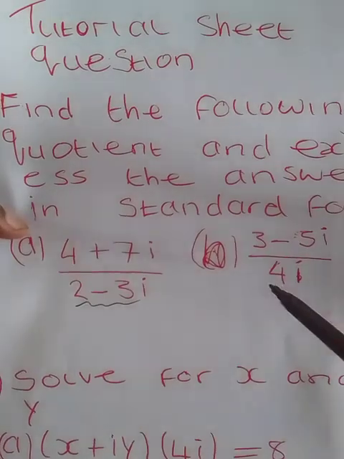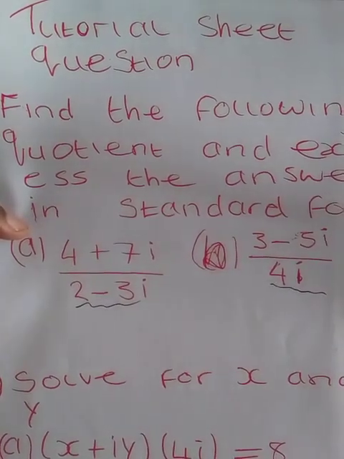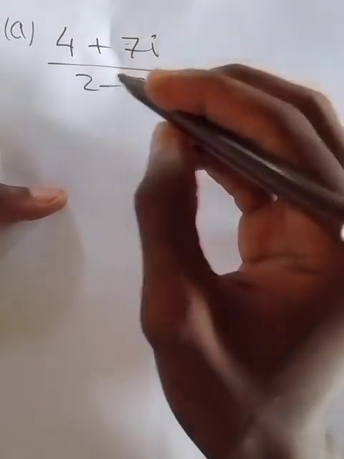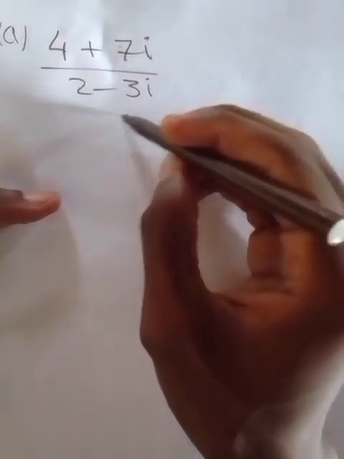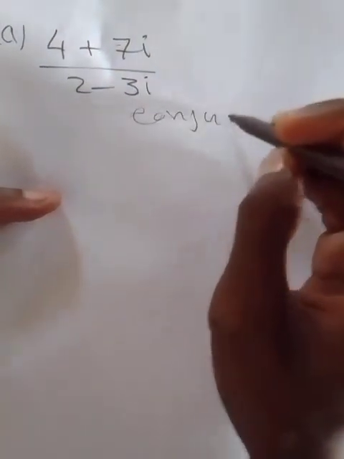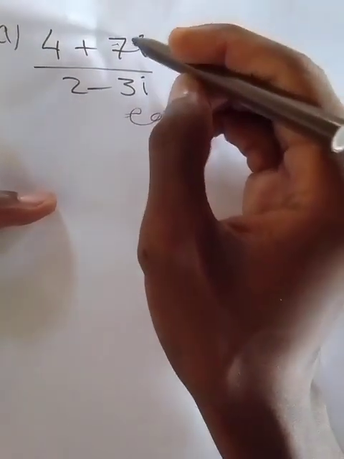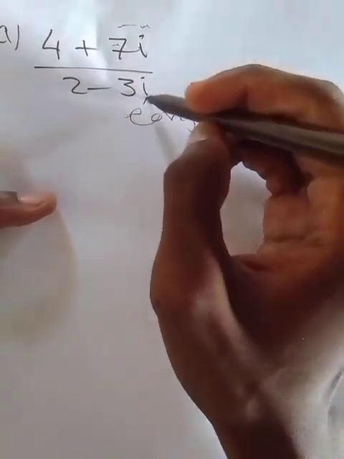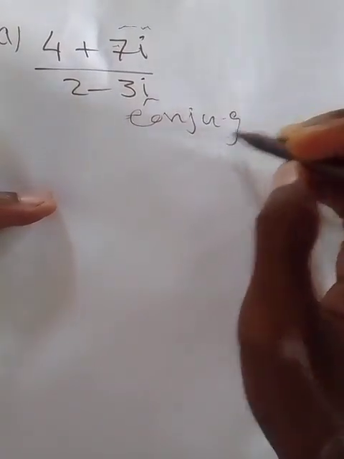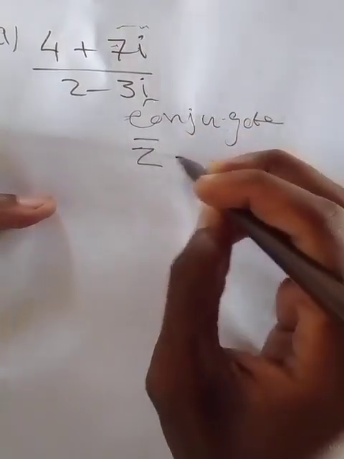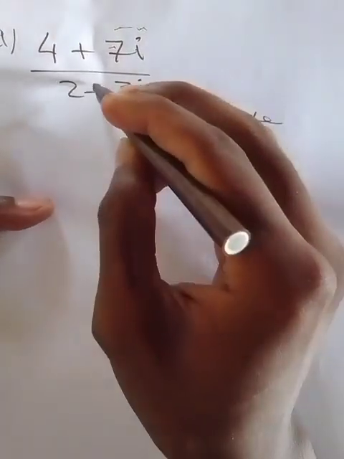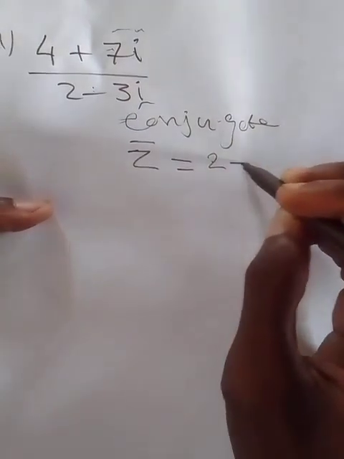Like I said, the first rule is that you find the conjugate. You're dividing. Remember, this is a complex number. It has the i, the imaginary part. So find the conjugate. You write the z there, and then you change the sign, so you're going to have 2 minus 3i. The sign changes, right?